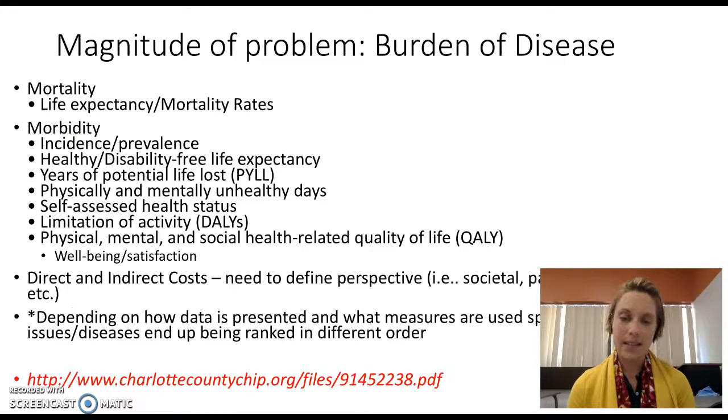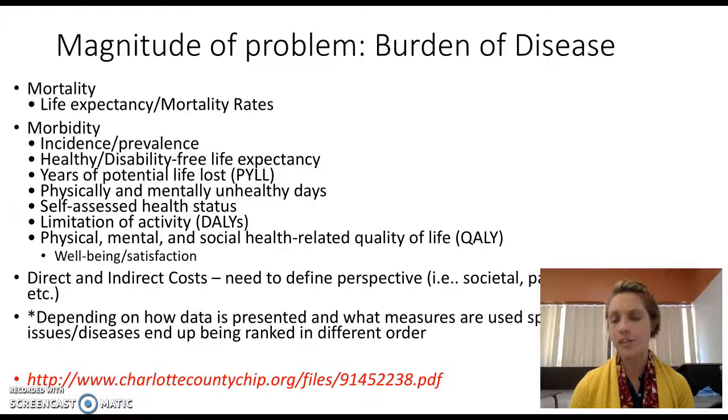When we look at the magnitude of the problem, we can look a lot at the burden of disease when we're looking at public health issues, and nutrition-specific public health issues especially. We can look at mortality or life expectancy, mortality rates associated with your wicked problem. Also morbidity, and morbidity can be defined in a variety of different ways. You could talk about incidence and prevalence of disease. You could talk about how the disease affects healthy or disability-free life expectancy.